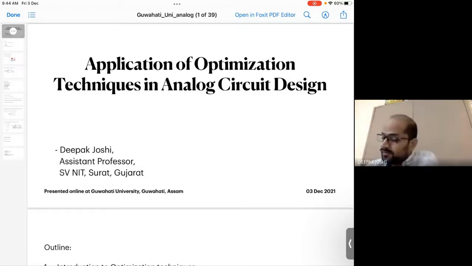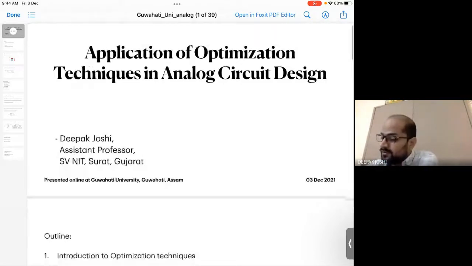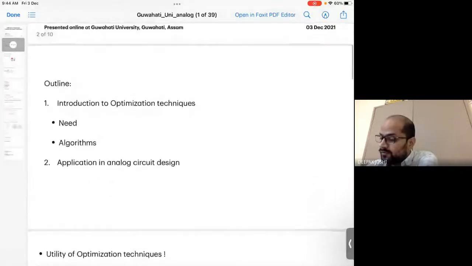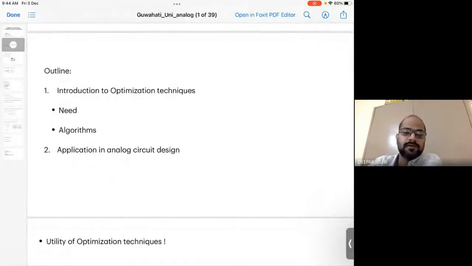I was just trying to introduce the topic. So we'll be going like this. The outline will be that first I'll introduce you to the optimization algorithms, because some of you may be new or at the introductory stages. Some of you might be experts, but bear with me because I will just provide the basic introduction.